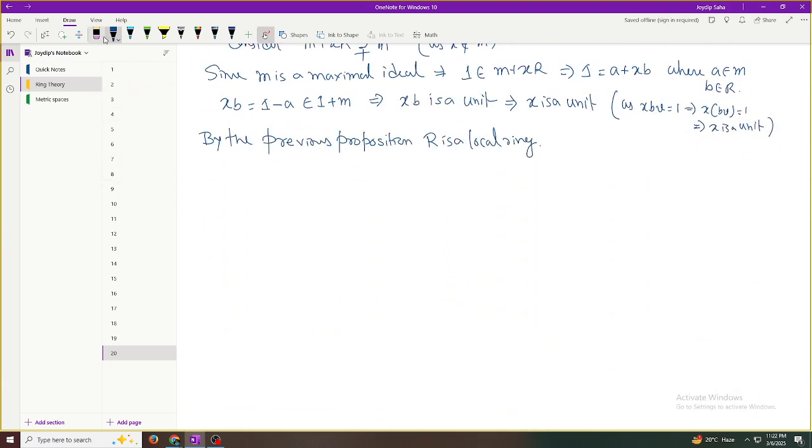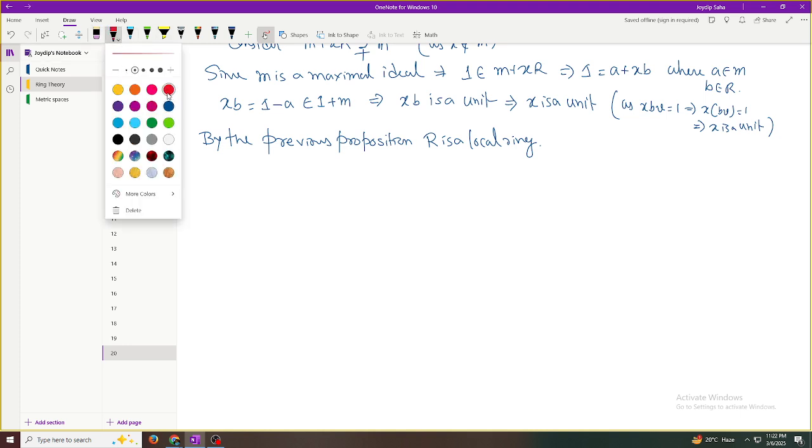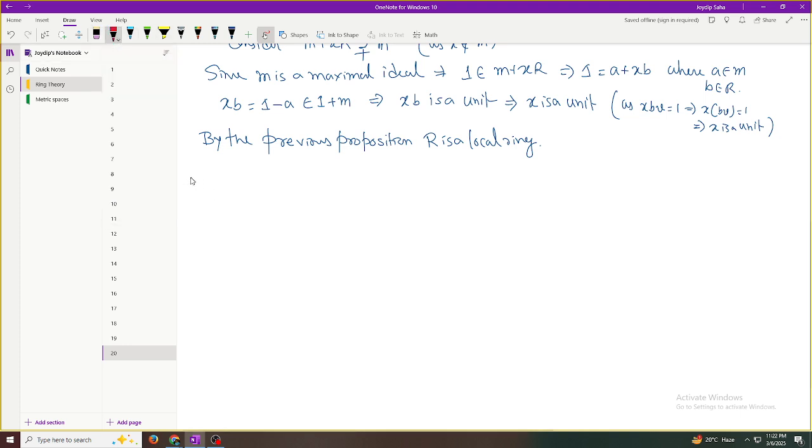One observation is, all of you know that if R is an integral domain, what do you mean by integral domain? There is no zero divisor, right? Definition: let R be a ring.